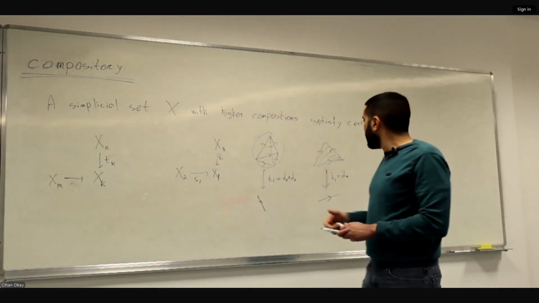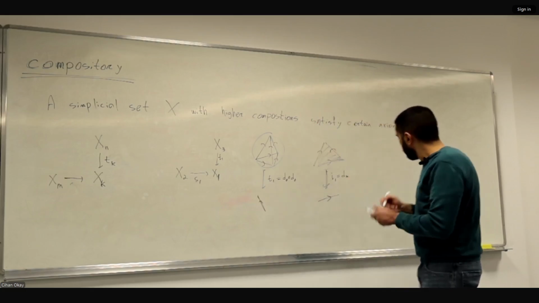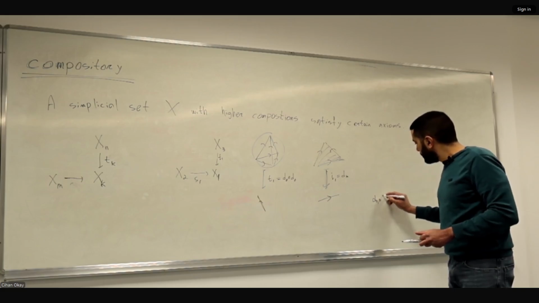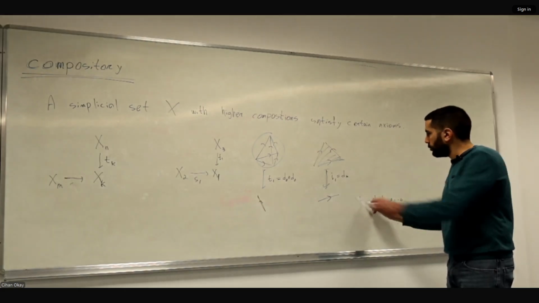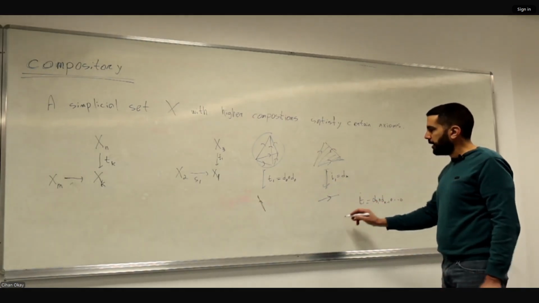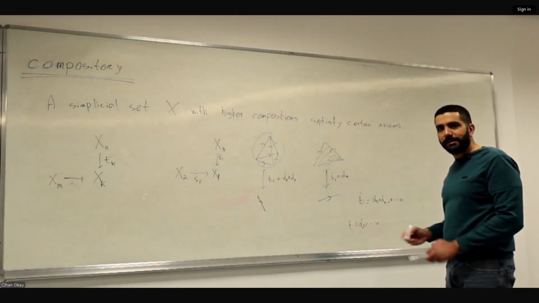In order to get the first one, you apply the last face, d_{n-1}, and so on, to get I of something. And for T of something, the terminal, you apply d0 many times.